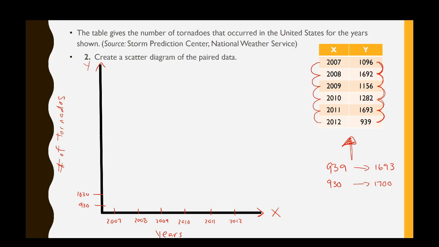1030. You know what? I'm going to change that because I don't like the way that looks already. So let's do 900 to 1700. So we'll start at 900 and then I'll go to 1000.